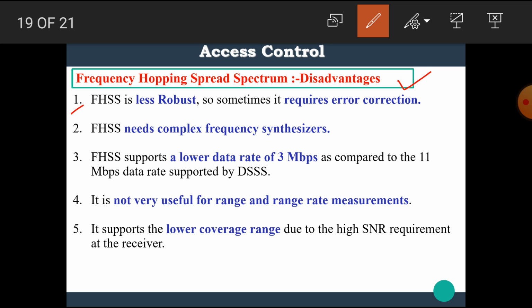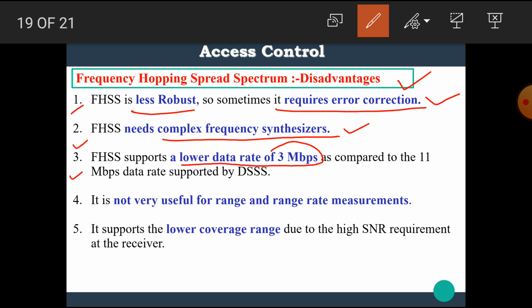Okay, there are some disadvantages of FHSS. The first one is that FHSS is less robust, so it requires error correction. FHSS needs complex frequency synthesizers. Third, FHSS supports lower data rates of 3 Mbps as compared to the 11 Mbps data rate supported by DSSS.